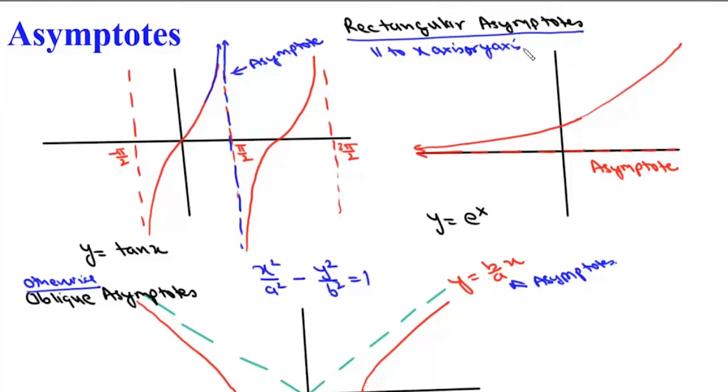Now in rectangular also, we have two types. First one is vertical asymptotes, and the second is horizontal asymptotes.